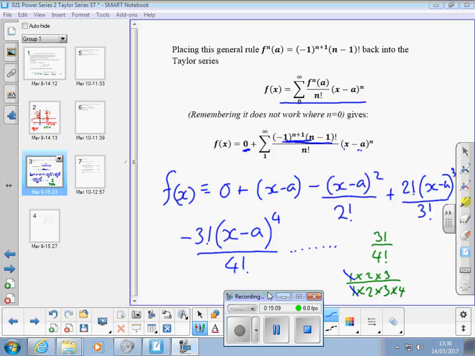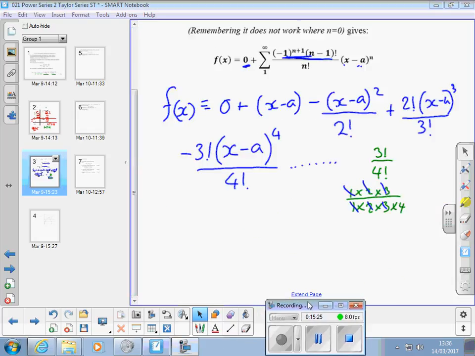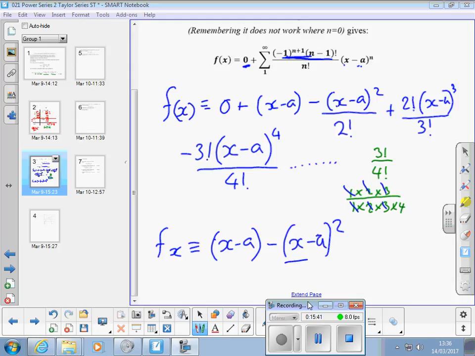Cancel, just leaving 4 on the bottom. So you could simplify that to leave the x minus a, minus x minus a squared, plus x.